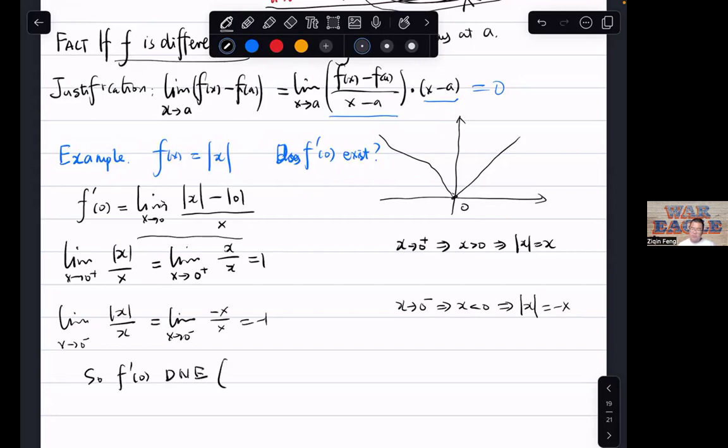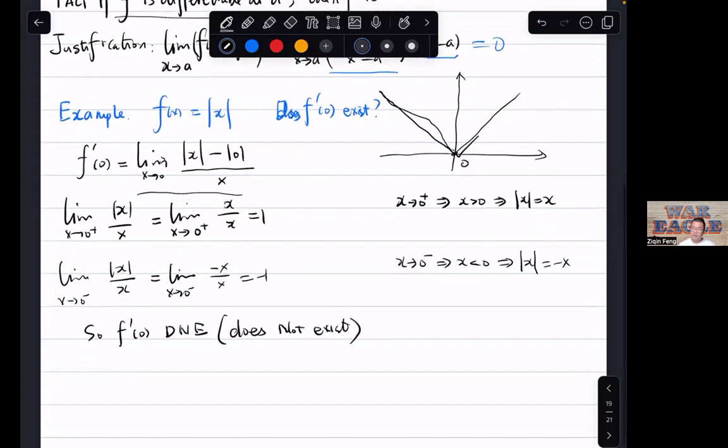Whenever you have a corner like this in the graph of a function, the function is not differentiable at that point, so the derivative doesn't exist.